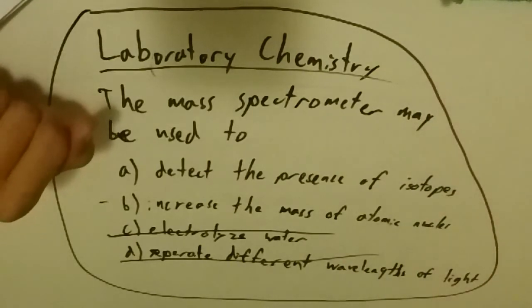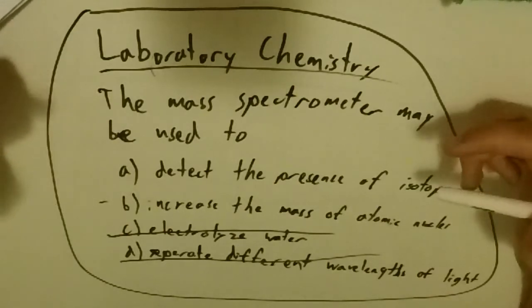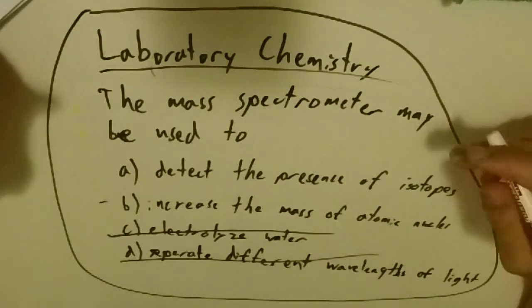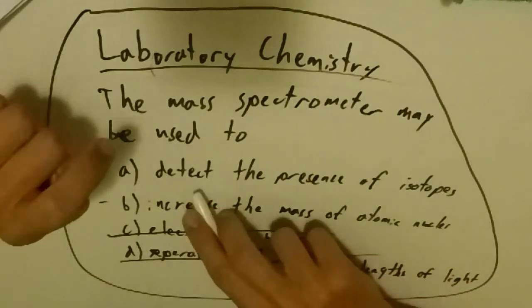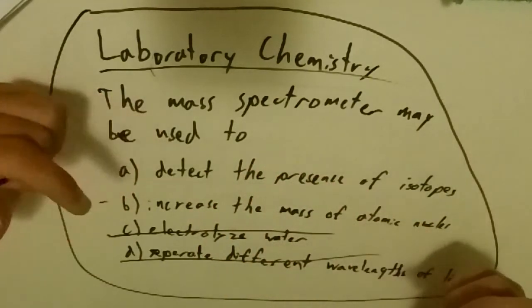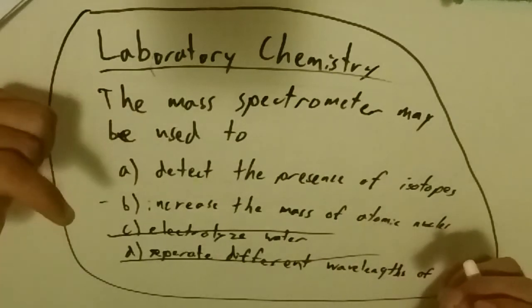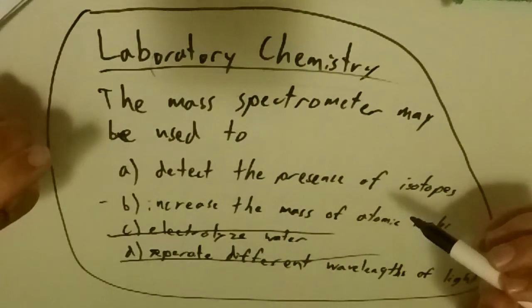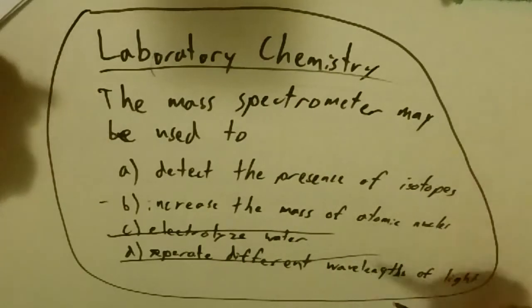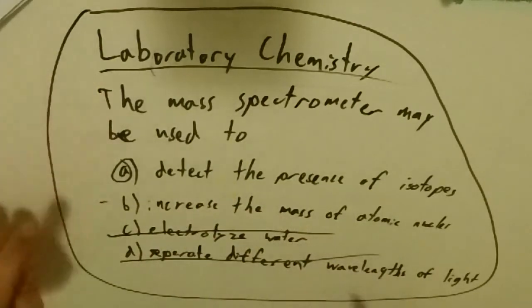Because you measure your mass by adding the neutrons and the protons, I think something that can measure the mass can help you tell if there are more or fewer neutrons. My educated answer is that it will be A, detect the presence of isotopes.